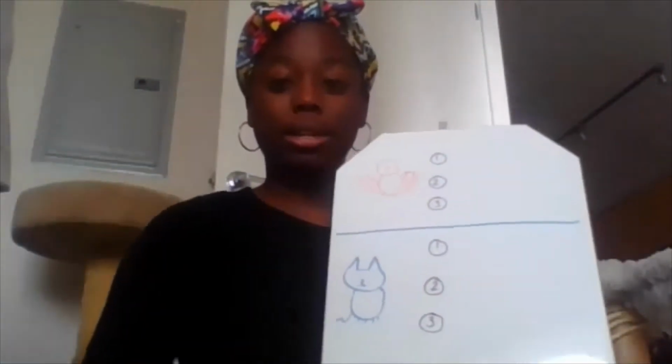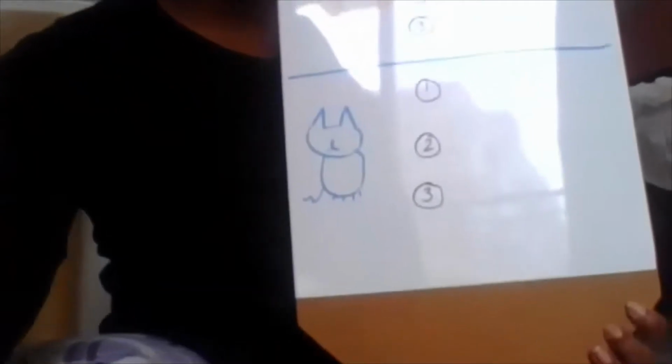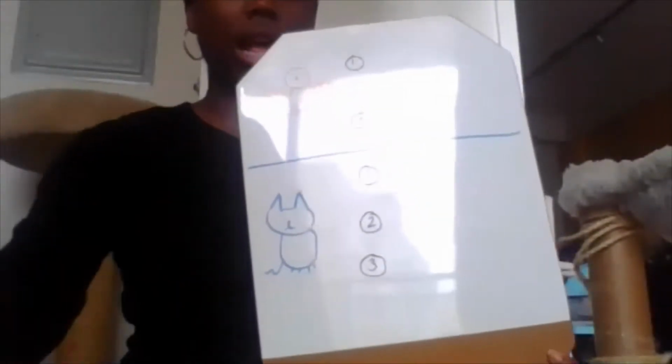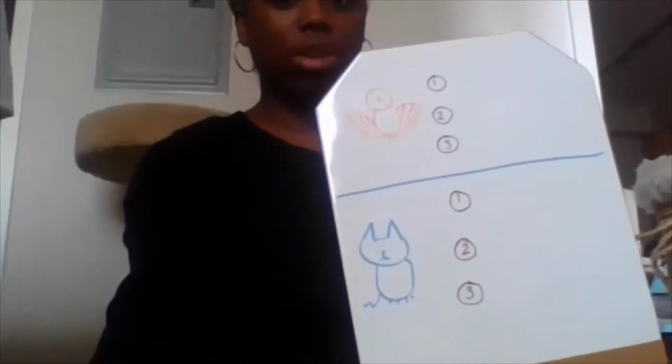Turkey Bob and Grumpy Cat are going to help us think about those three attributes, and then we can practice sorting. So I've got Turkey Bob, and I've got 1, 2, 3. 1 was size, 2 was color, and 3 was type.